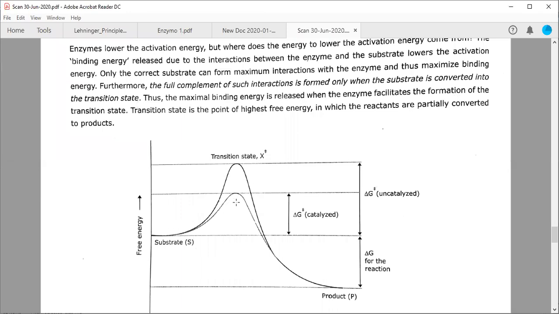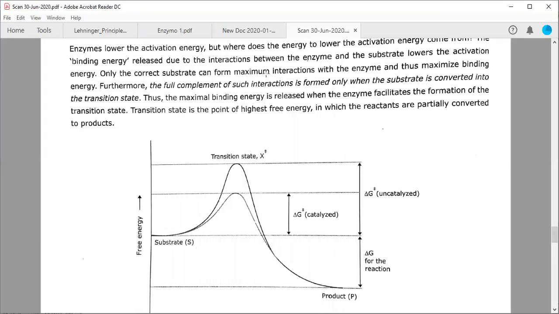So if this is a transition state, the maximal binding energy is released because the enzyme is able to hold the substrate in a specific orientation so that they can collide more efficiently. So the enzyme binding energy is released due to the interactions, these collisions between the enzyme and the substrate, which lower the activation energy.